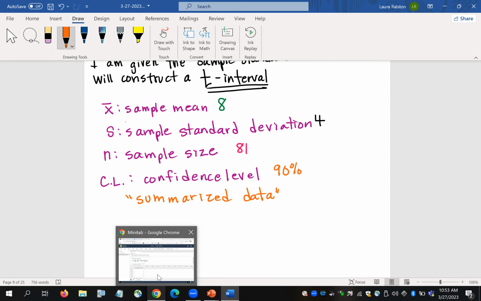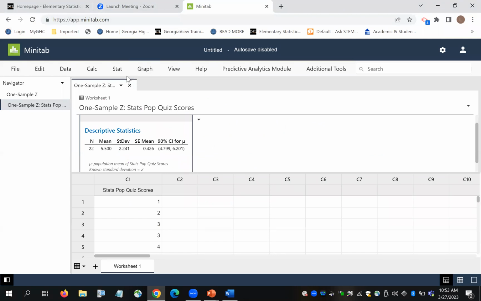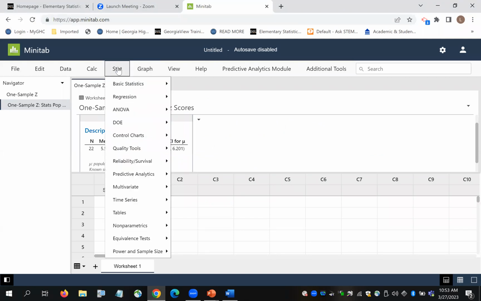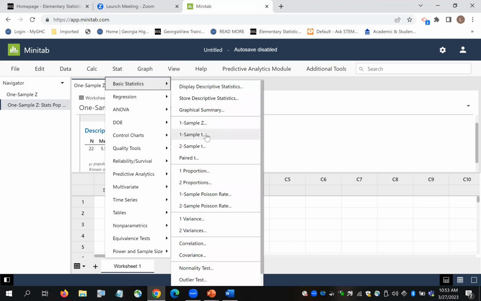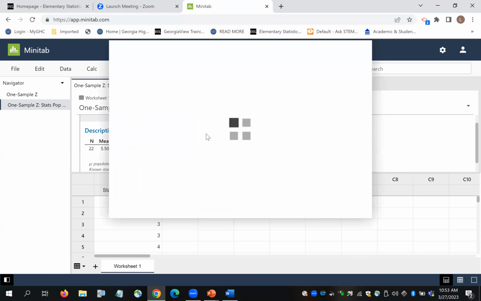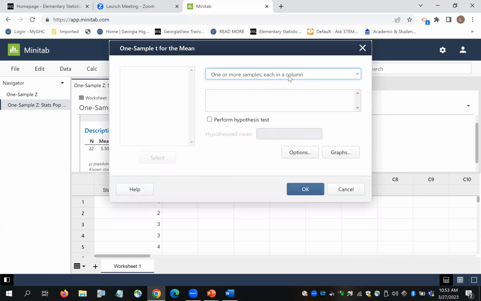Again, the keystrokes that you'll use are on slide 3 of the PowerPoint for the T interval. So we would go Stat, Basic Statistics, 1 Sample T. We have summarized data.